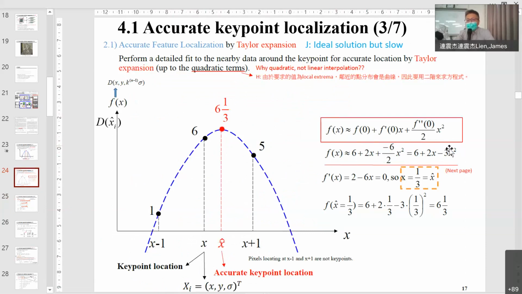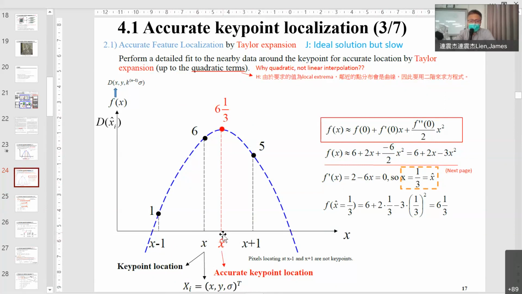We try to find the maximum peak, which means taking the derivative of this function. Setting the derivative equal to 0 gives the peak, since the slope is 0. We find x equals one third of something, meaning you add one third to the original point.